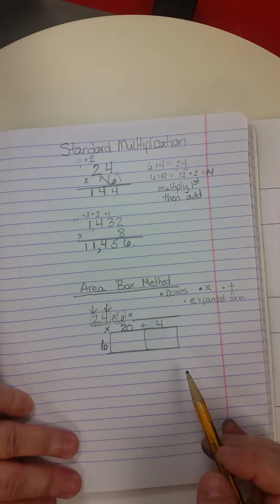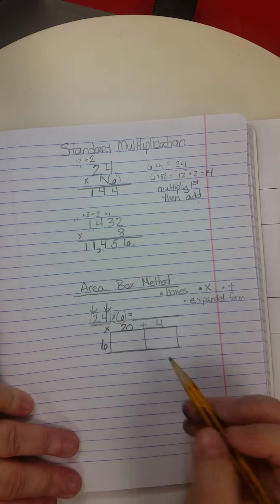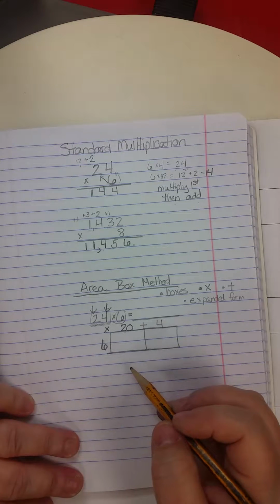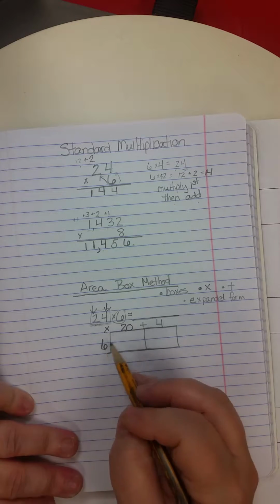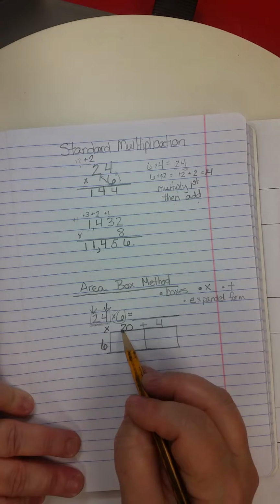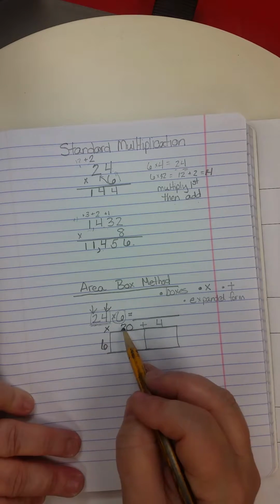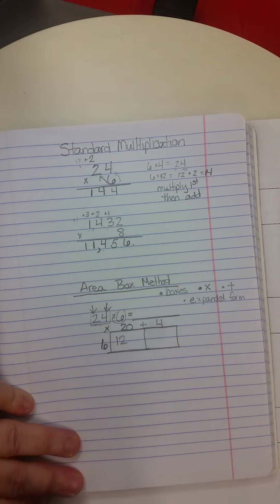Now I've got to do all the work. 6 times 20. Well, I have a little secret. We can do the multiplication of just the regular numbers, not the 0. Watch this. Multiply the numbers that are not 0. 6 times 2 is 12. Put my answer in the box, okay?